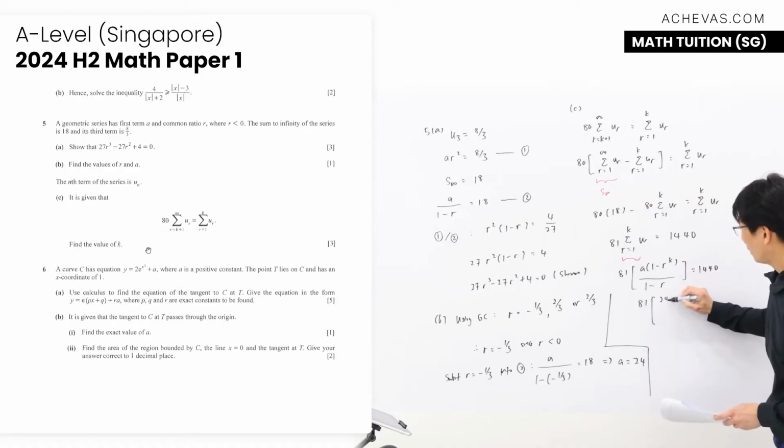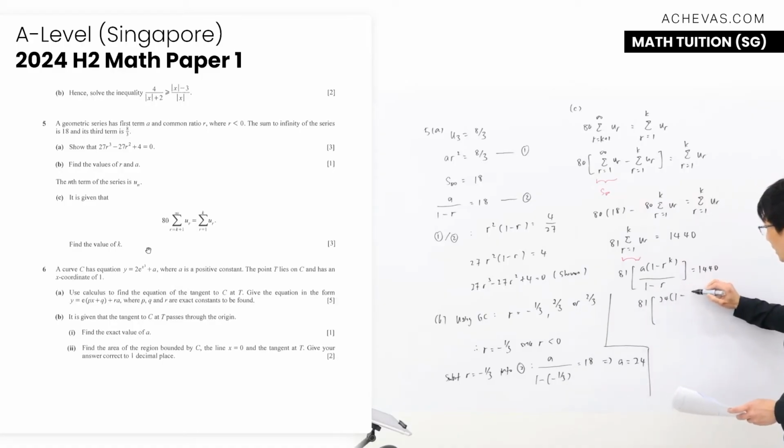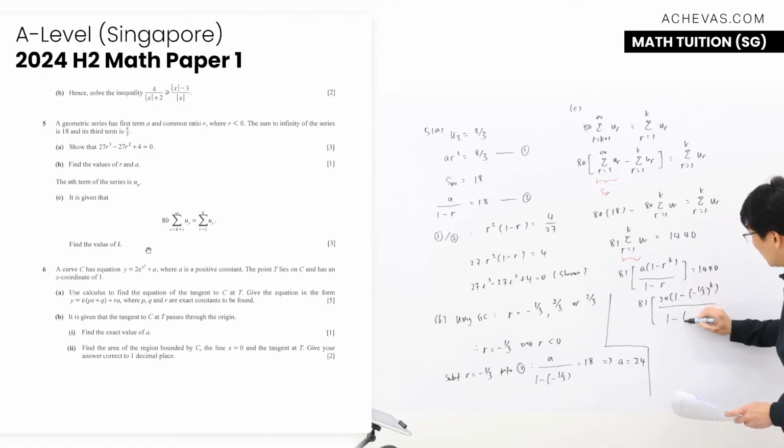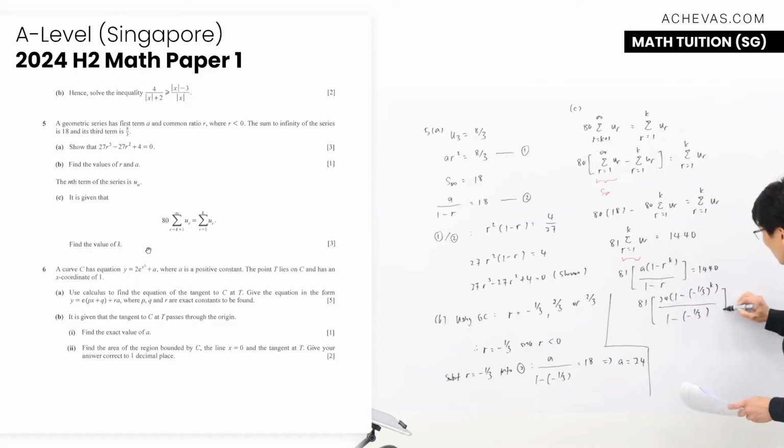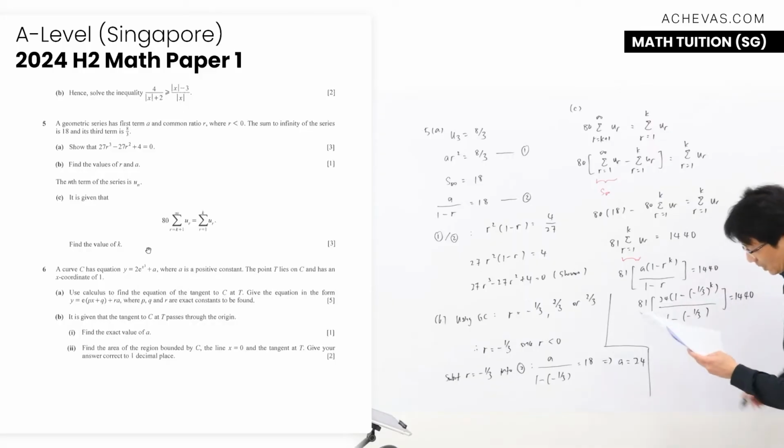I'll get 81, 24 bracket 1 minus minus 1/3 to the power of k over 1 minus minus 1/3 equal to 1440. Okay, I think we should be able to simplify this without much of an issue.